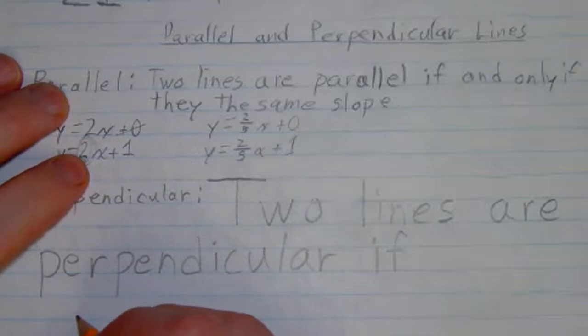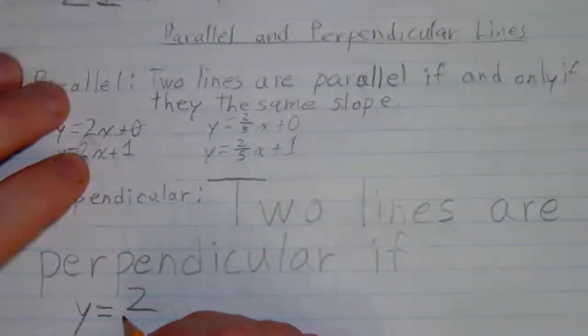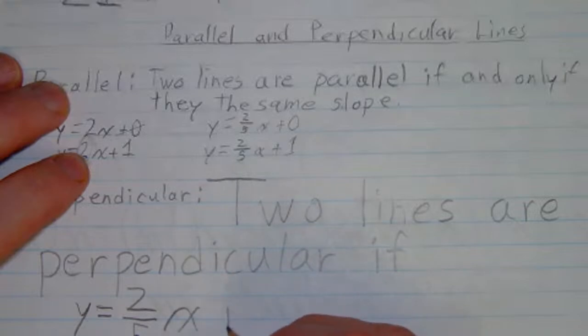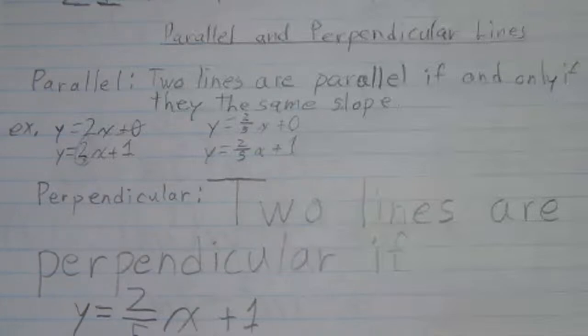So if you go into your Desmos, I'd like you to make the top line y equals 2/5 x plus 1. 2/5 x plus 1.